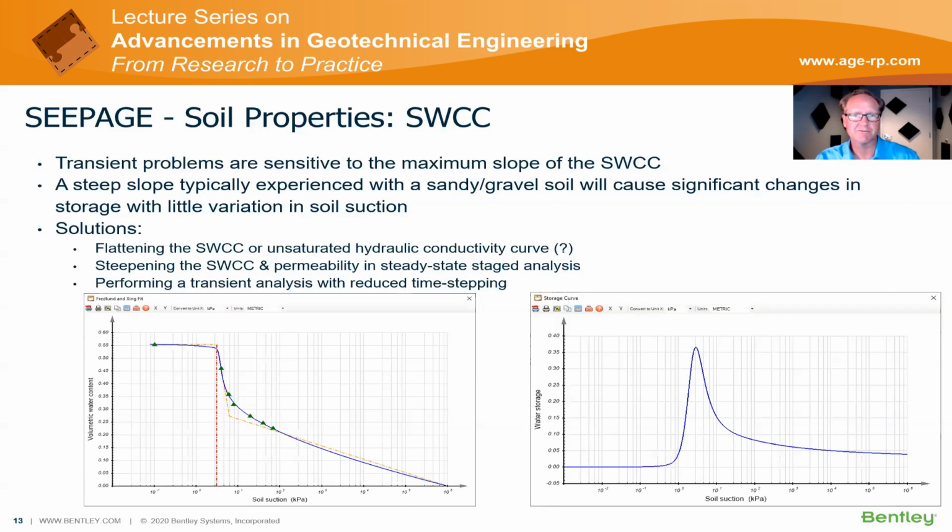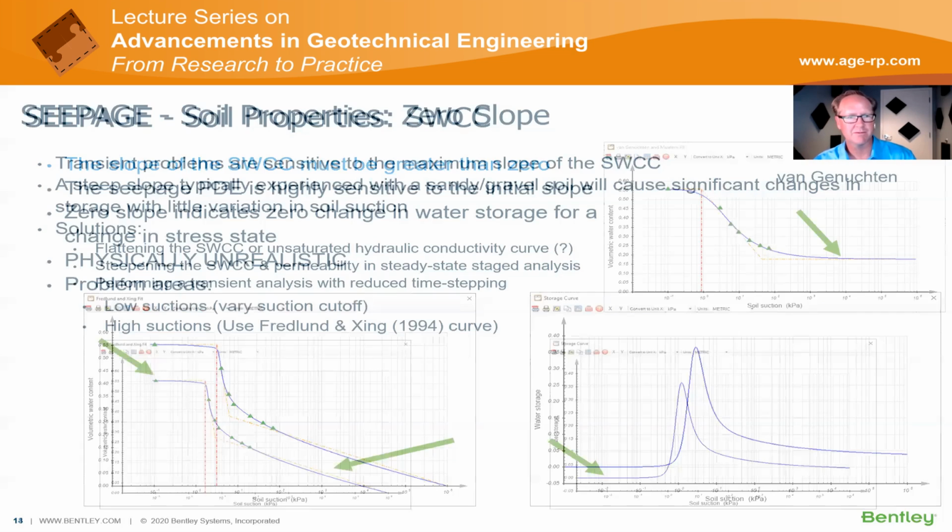We allow this in the software, where you can slowly stage in and start from more conservative conditions, and in a steady state problem, you can move towards your actual material properties in stages, and it preconditions the solver with each stage setting so it converges much better. And you can also perform a transient analysis with reduced time stepping as another strategy. So there are methods around these problems.